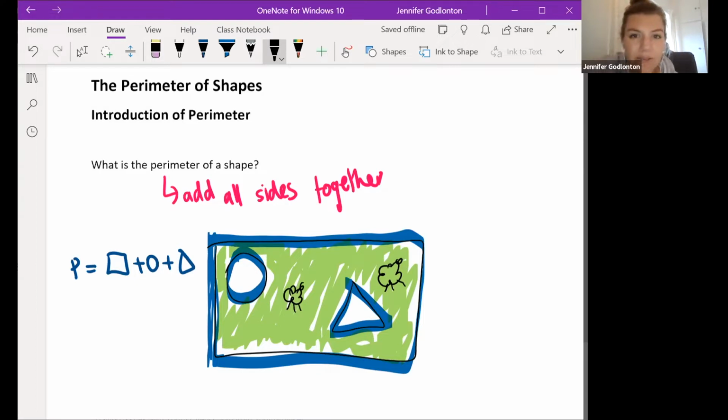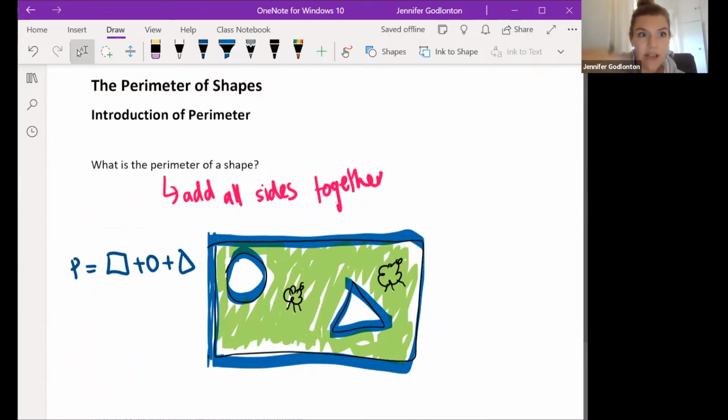If I was building a fence, I would need to fence this entire outside section. So basically, I'd need to fence my entire rectangle, which is what we're doing, okay? But I would also need to fence the circle, and I would need to fence the triangle, because otherwise my sheep could travel into the circle, they could travel in the triangle, okay?